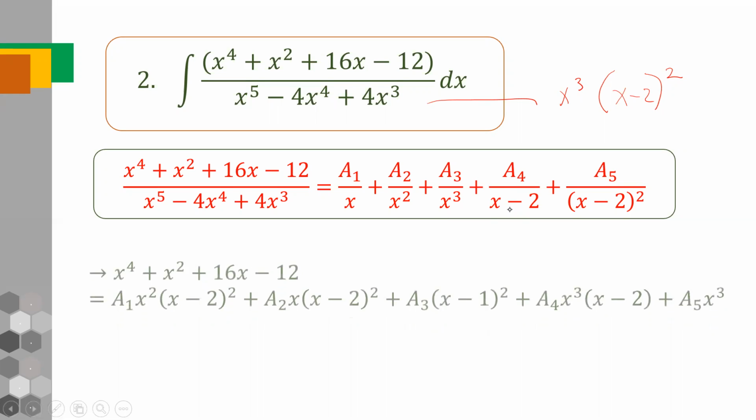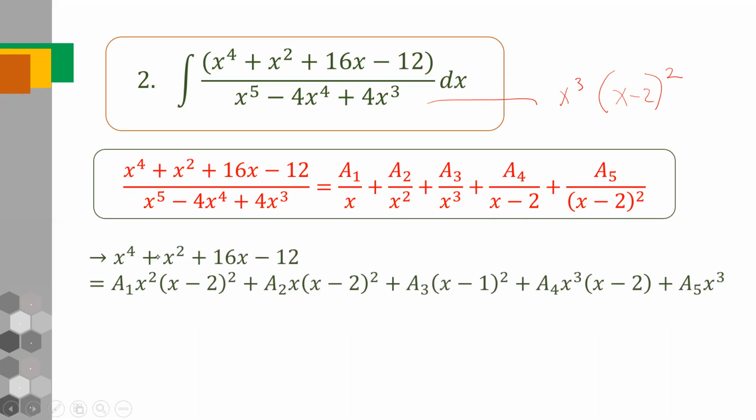By LCD, the combined form is x⁴ + x² + 16x - 12 is equal to this. You have a1 multiplied with x² times (x - 2) squared, a2 multiplied with x times (x - 2) squared, a3 multiplied with (x - 2) squared, a4 multiplied with x³ and (x - 2), and your a5 multiplied with x³.